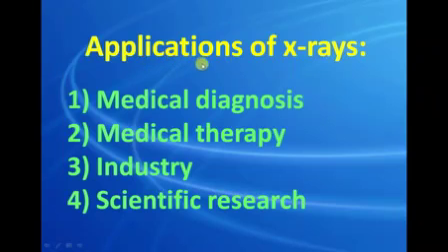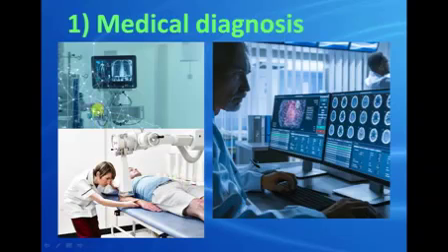Next we are going to see the applications of X-rays. X-rays are used in many fields, mainly in medical diagnosis, medical therapy, industry and scientific research. First, medical diagnosis: X-rays can pass through flesh more easily than through bones.